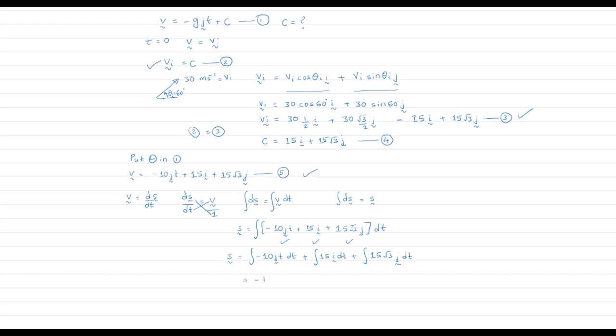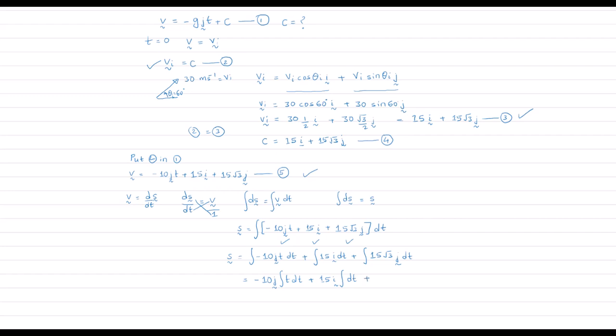Minus 10 will be out, and j will also be out, and this will be the integration of t dt. Plus over here 15 will be out, and i will also be out, and this will be the integration of dt.